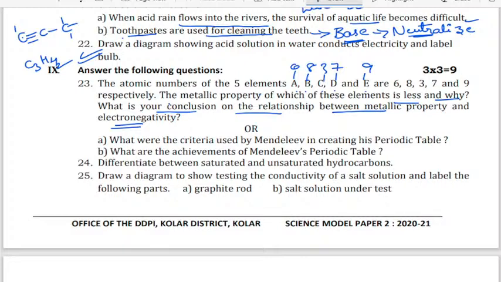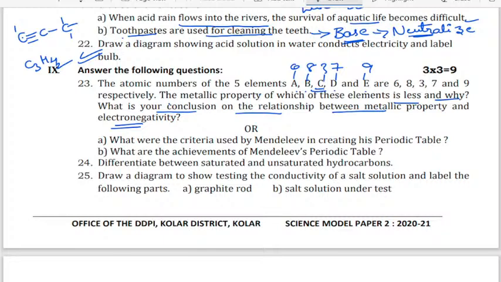I repeat once again, the elements A, B, C, D, E are having 6, 8, 3, 7, 9 as their atomic numbers. So let us find out first of all which element is having the highest metallic property. See, when we look at all these 5 elements, this C element is having the highest metallic property.